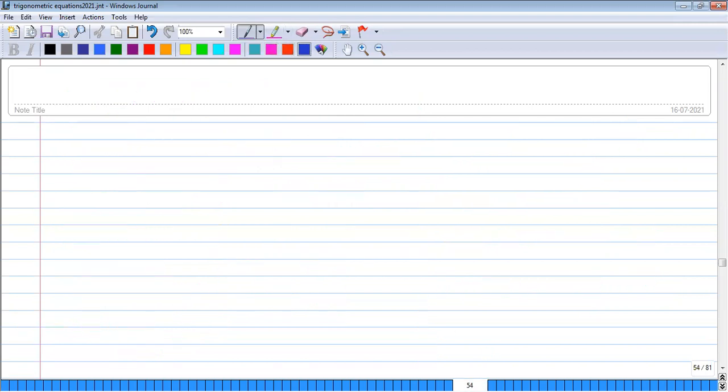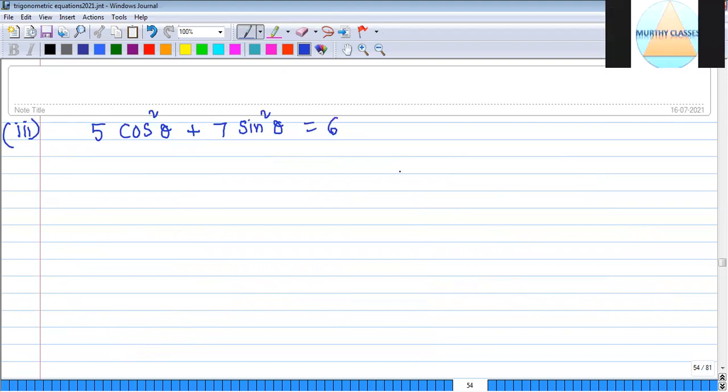Third question: 5 cos square theta plus 7 sin square theta equals 6. It's very interesting.